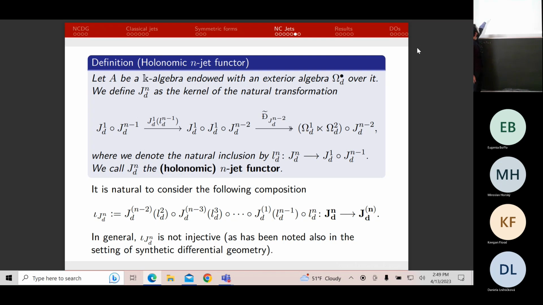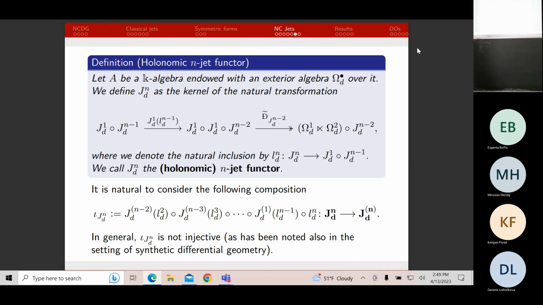How does it work? We again forget the information of the (n-1)-jet into J1 of J(n-2). We apply the 1-jet functor, and now that we have J1 J1, we can apply this map that we obtained. Okay, the kernel of that map will be for us the n-jet.